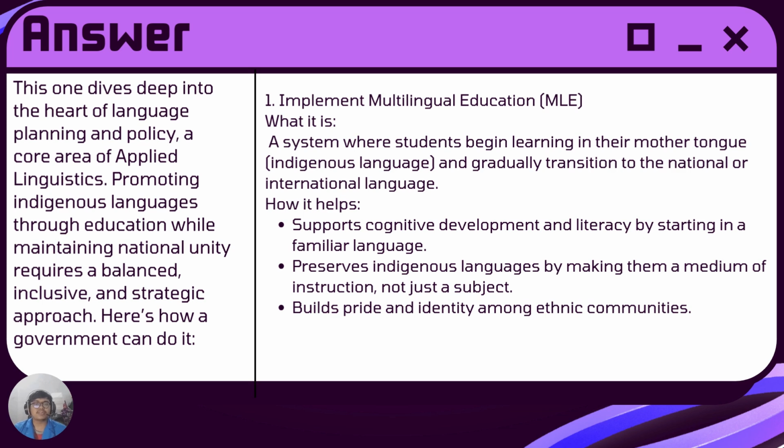A system where students begin learning their mother tongue or the indigenous language and gradually transition to the national or international language. And how it helps? Supports cognitive development and literacy by starting in the familiar language. Next is preserve indigenous languages by making them a medium of instruction, not just a subject. And the last one is builds pride and identity among ethnic communities.